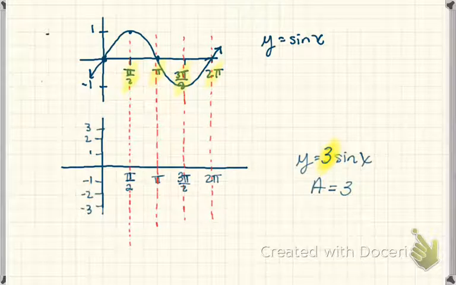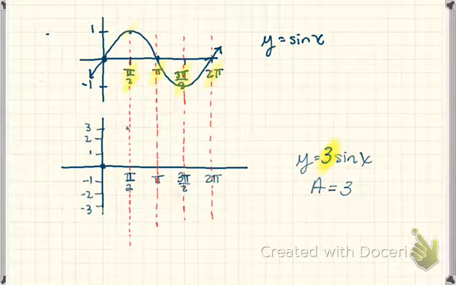In the original graph, at 0, I have 0. That's my output, so 3 times 0 is 0. At pi over 2, the value was 1, so if I multiply 1 by 3, I get 3. Now my graph is going clear up to 3 instead of 1.